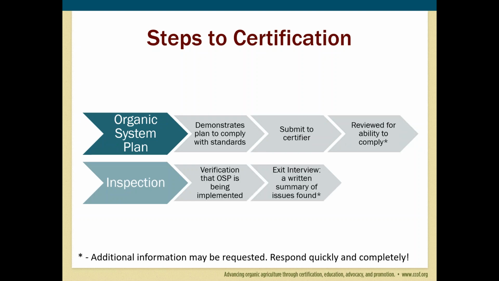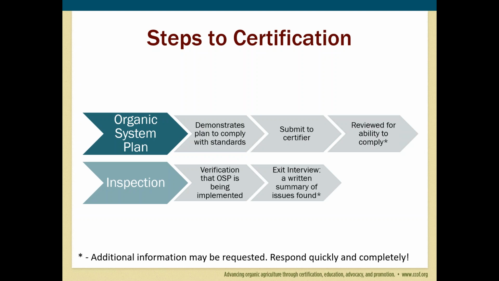Next in the steps to certification is the inspection. So the primary objectives of the inspection are, number one, to verify whether the OSP is being implemented. So to verify that what you wrote down in your plan is what you're actually doing. And secondly, to verify whether all the practices that you use are in compliance with the regulations.